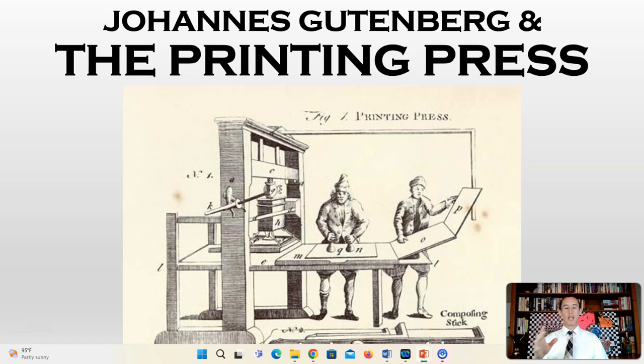The creation of the printing press by the German Johannes Gutenberg in 1439 will completely change the spread of information, and it will lead to an intellectual and scientific revolution, and it will lead to all sorts of changes.